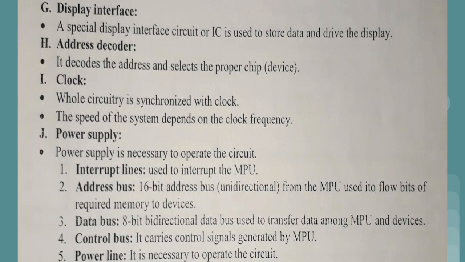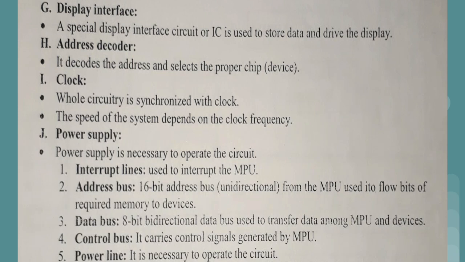Then on the left hand side, we have seen the address decoder. It decodes the address and selects the proper chip or device to which we want to send the data. Like in normal computers, our computer is connected to a printer, and on the same machine we may have connected a scanner.